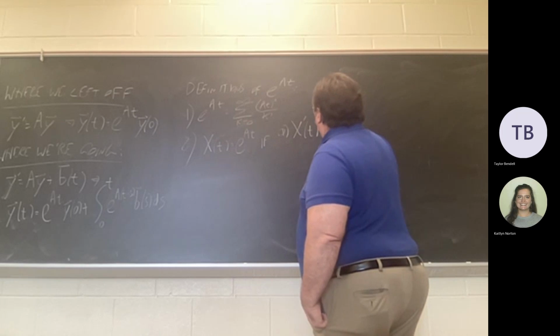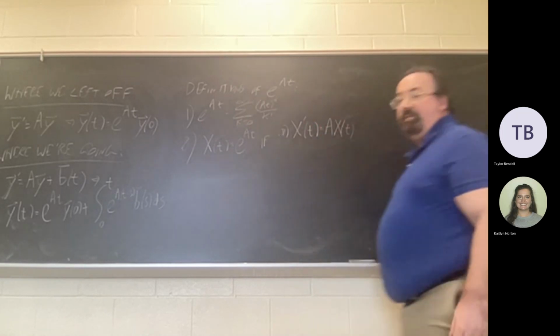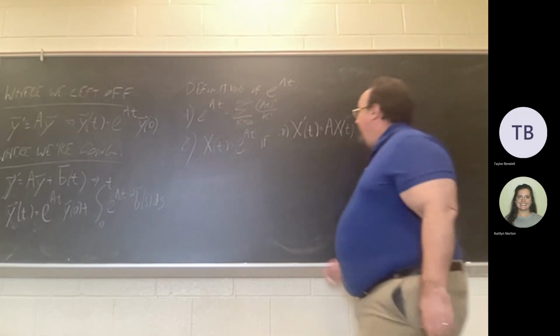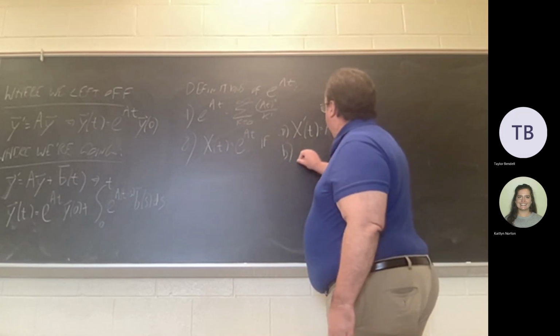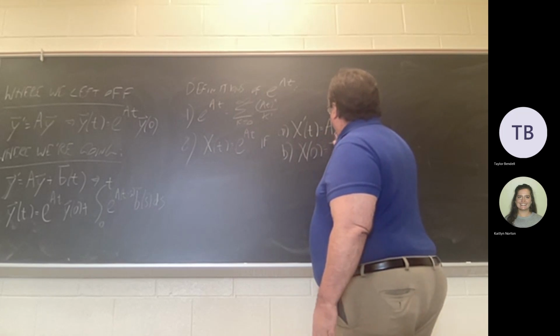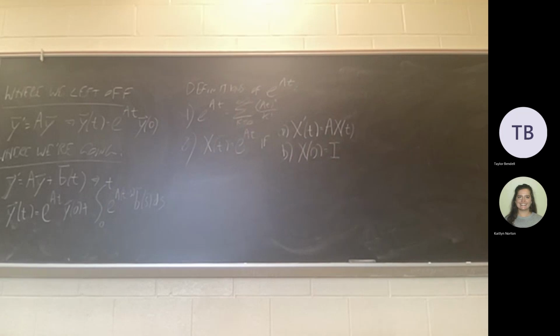X prime is equal to A times X, and that's what I just showed is true from a Taylor series perspective. And the other condition, X of 0 is the identity. So those two conditions together uniquely define a matrix exponential.